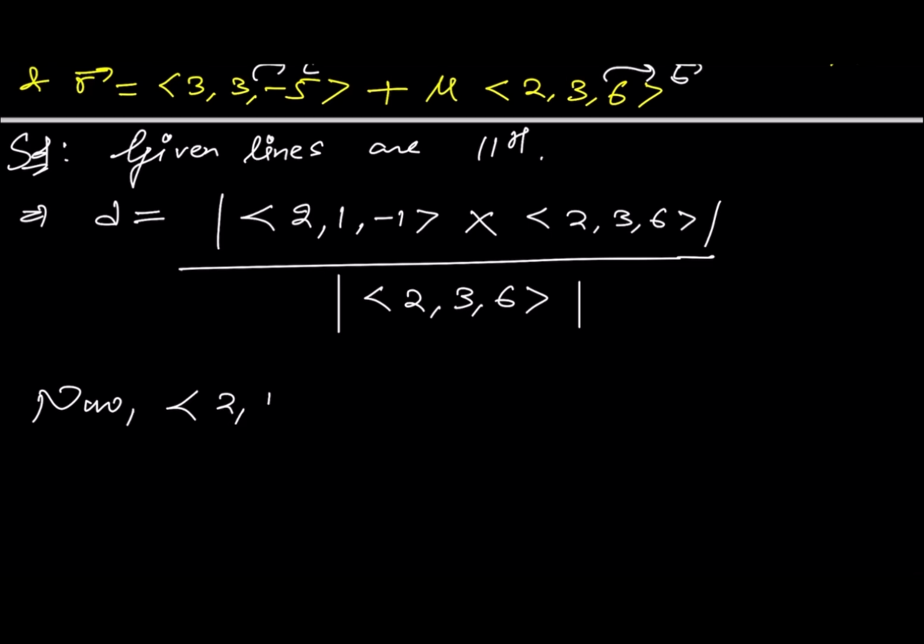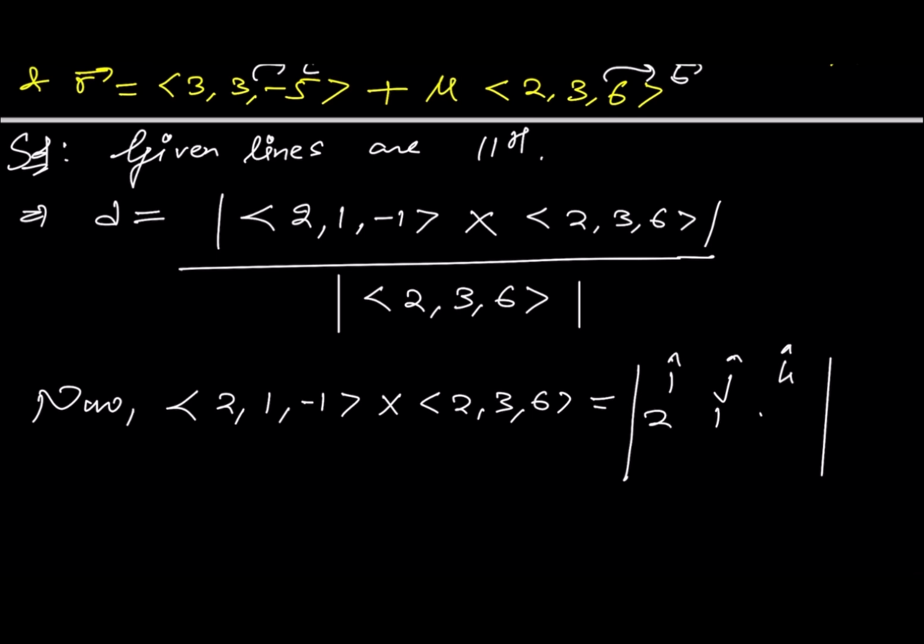So now we have to find 2, 1, minus 1 cross 2, 3, 6 using the determinant method. I, J, K, 2, 1, minus 1, 2, 3, 6.